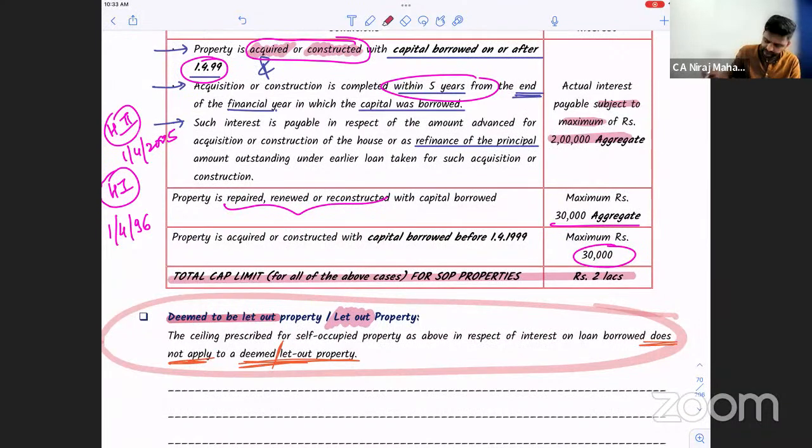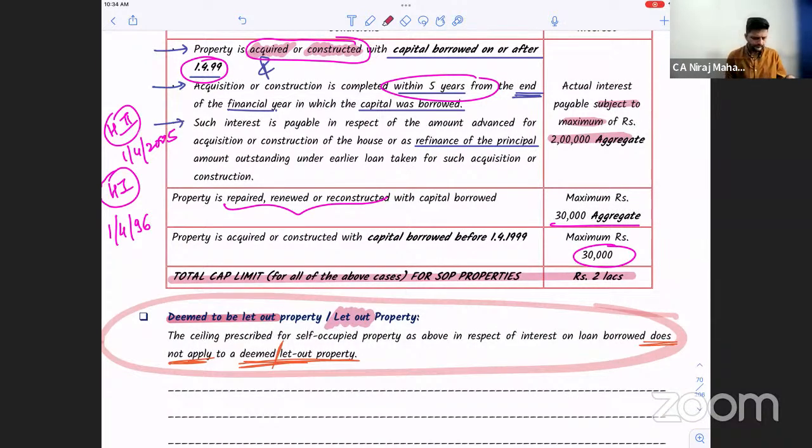House wise it can be different, 30,000 or 2 lakhs, but after taking the total of both of them, it cannot exceed 2 lakhs. Are you getting my point? Got it?